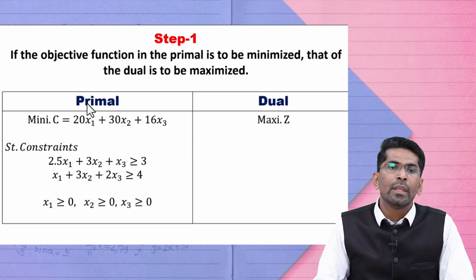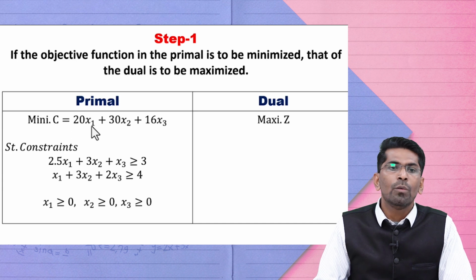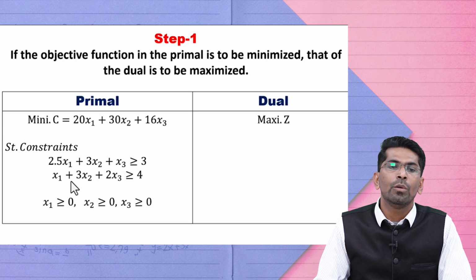Consider one example. See, our primal problem is minimization of cost equal to 20x1 plus 30x2 plus 16x3, subject to the constraints 2.5x1 plus 3x2 plus x3 greater than or equal to 3, and x1 plus 3x2 plus 2x3 greater than or equal to 4.